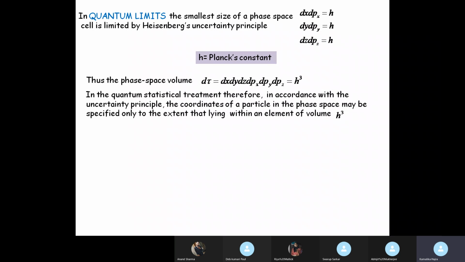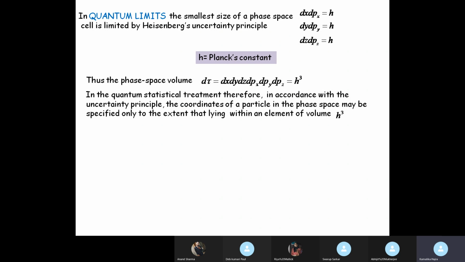In general, when we give the coordinates of a particle, we say the coordinates in position space is x, y, z. The moment you are in phase space and the moment you are doing quantum statistical mechanics, you cannot zero in on a single point and say that its position is x and its momentum is px.